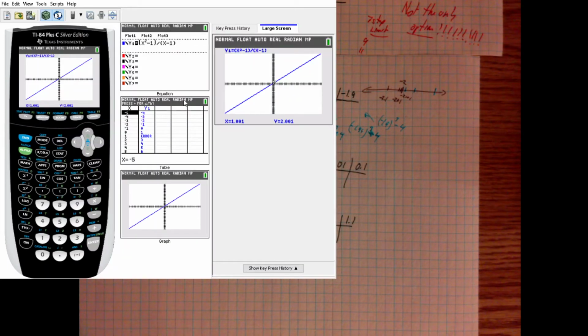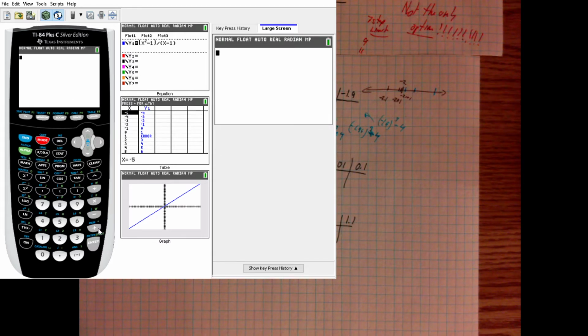There's my TI. What I'm going to do is type it in the old-fashioned way, 0.9, I should do it in parentheses. So 0.9 minus 2 divided by 0.9 squared plus 0.9 minus 6.